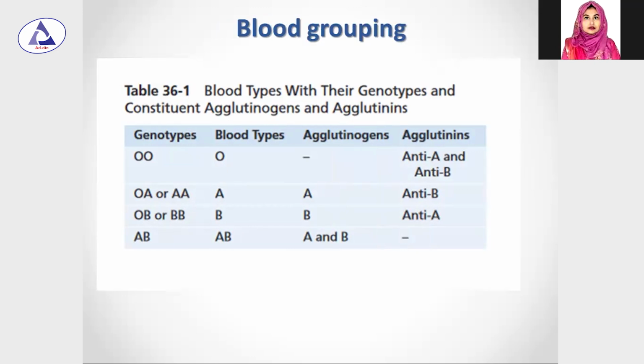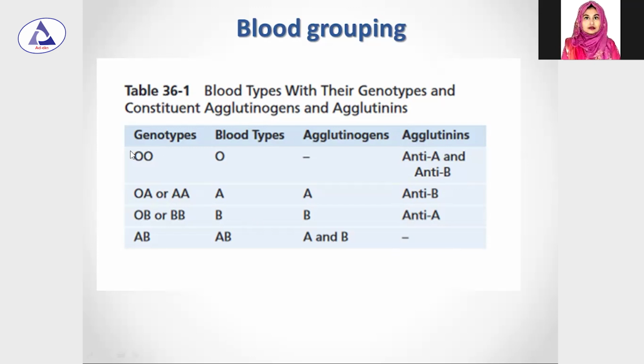In the blood group we will see what the genotype of each blood group is. In this blood grouping, there are two agglutinogens, A and B, and the agglutinins are anti-A and anti-B. Then which blood group contains what?